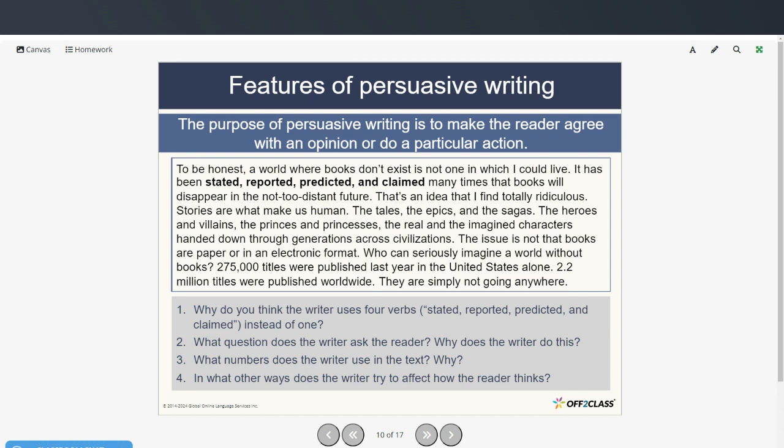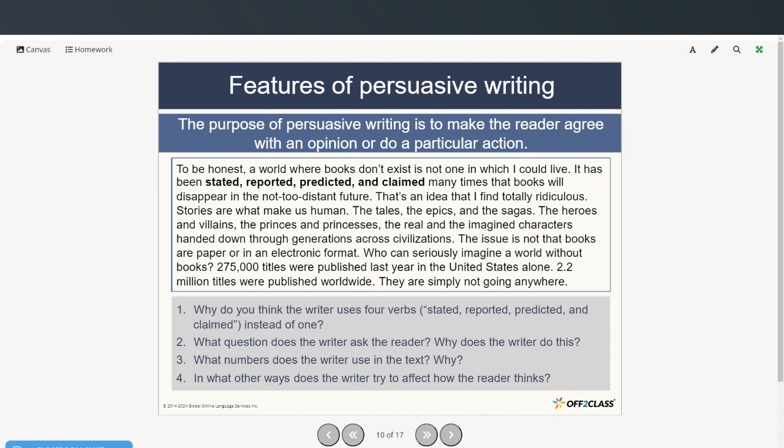And what numbers does the writer use in the text and why? Well, he uses 275,000 and 2.2 million to show that books are a very big part of our society, both in the United States and worldwide. And in what other ways does the writer try to affect how the reader thinks?